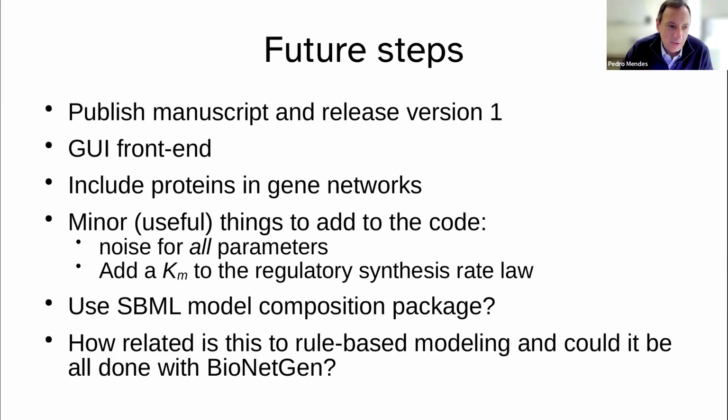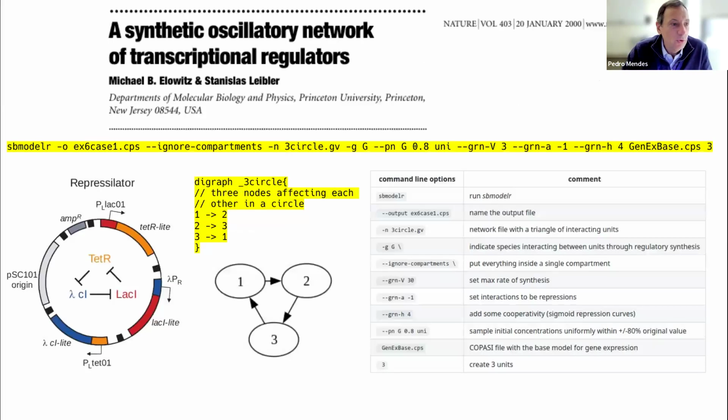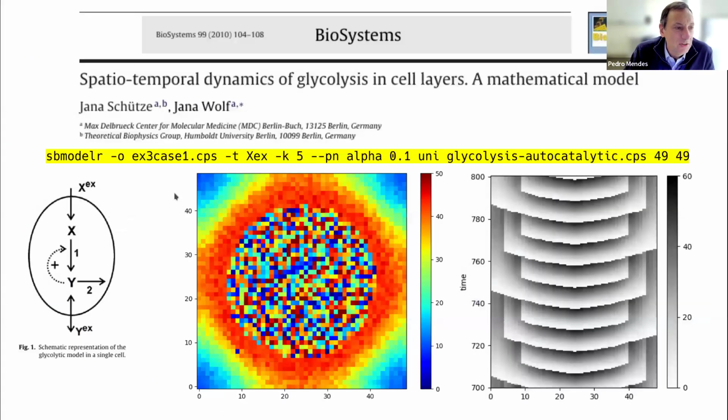Yeah, so the question about spatial dynamics, yes, it's true. There are no spatial dynamics. But if you look at this case here, in the limit where these units are very small and you have many more of them, that's actually how you simulate 3-dimensional reaction diffusion, basically. And so this would be what I would call a poor man's diffusion here.